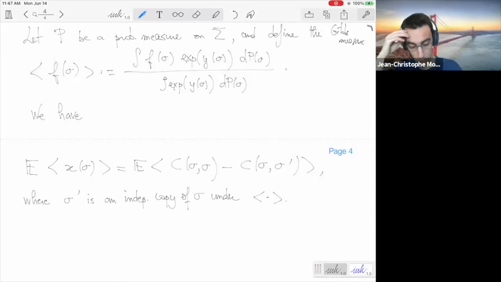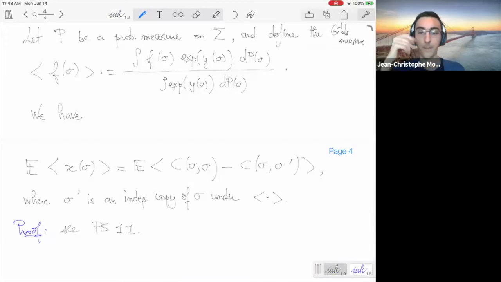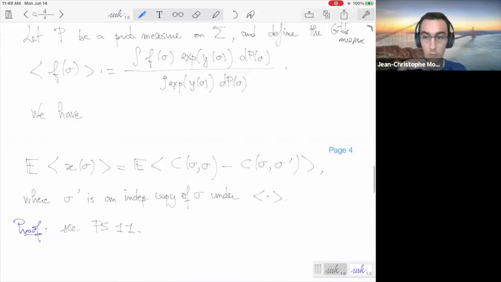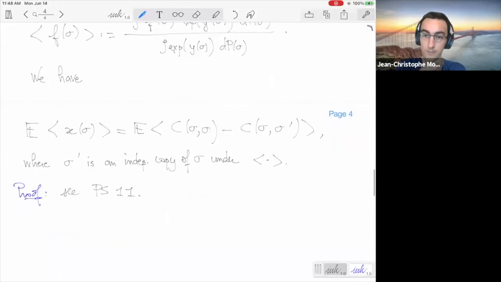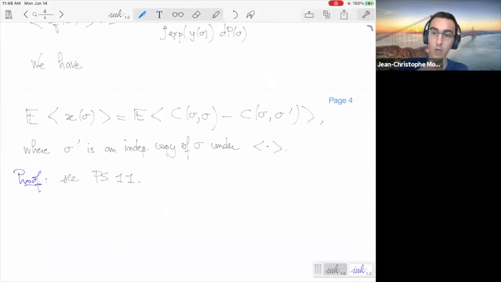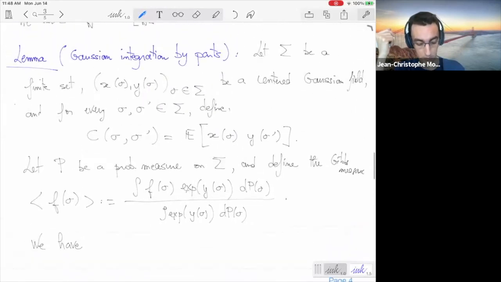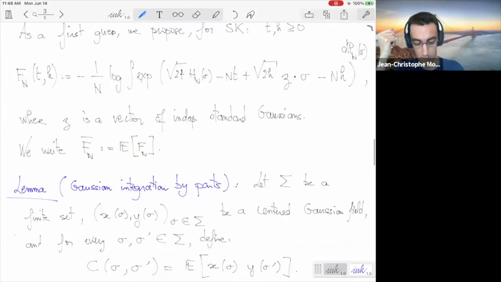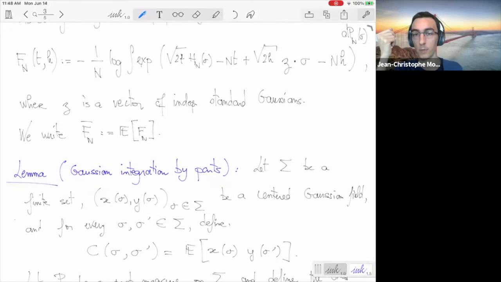It's also part of the problem set, so I'm not going to explain it in great detail here. I'm going to use this statement to compute the derivatives of our free energy Fn bar, which is written here, the expectation of the quantity on top.